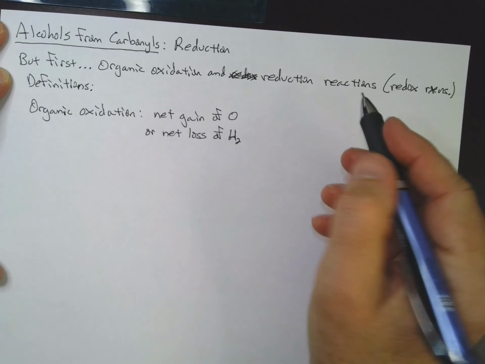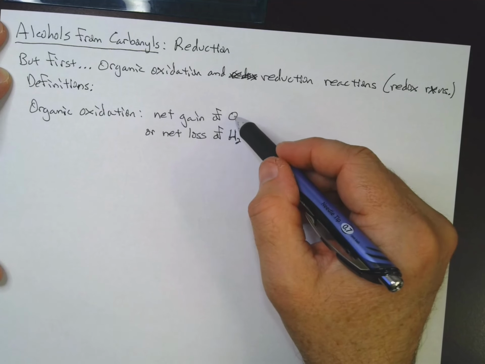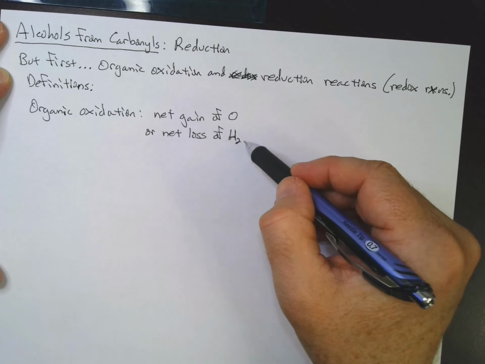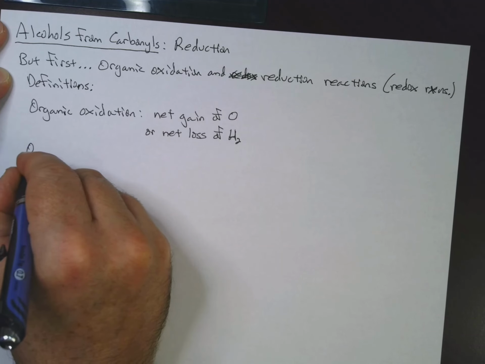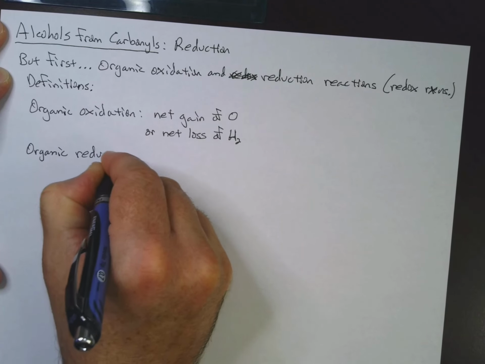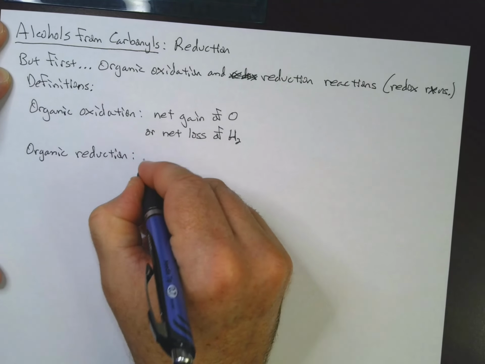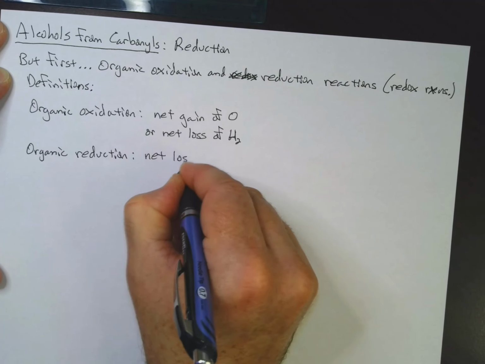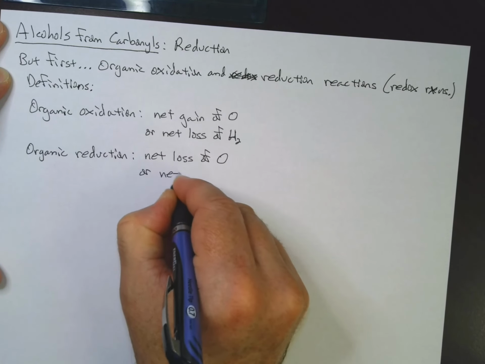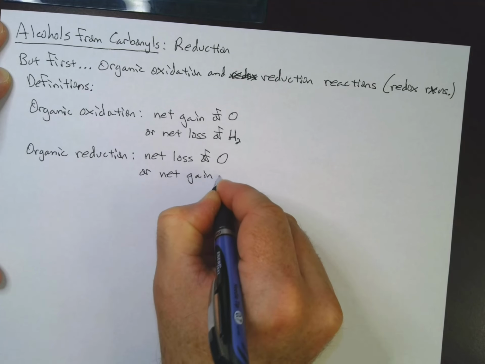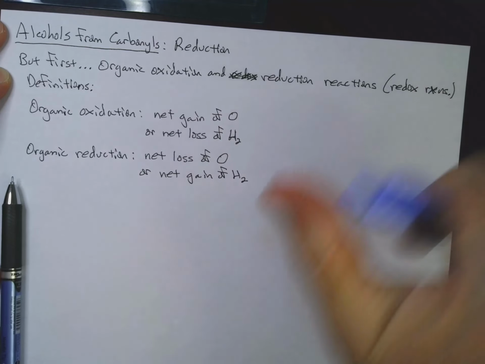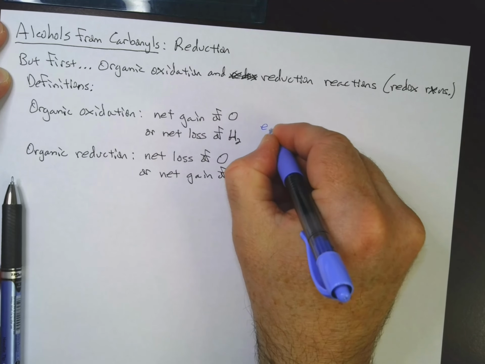And so an organic oxidation will have a net gain of oxygen and a net loss of H2. And organic reduction will be the opposite, a net loss of oxygen or a net gain of H2.